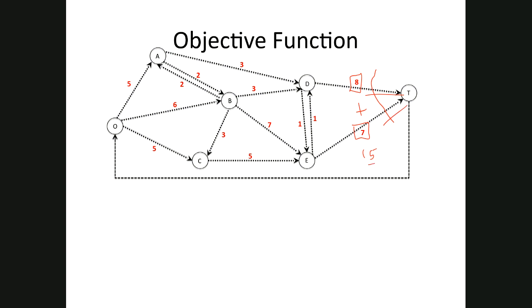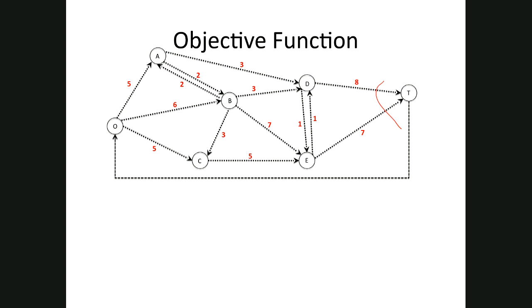We know that the most that we can ship out of the origin is 5 plus 6 plus 5, or 16. And so by definition, every time we look at this in this way, this is a cut.